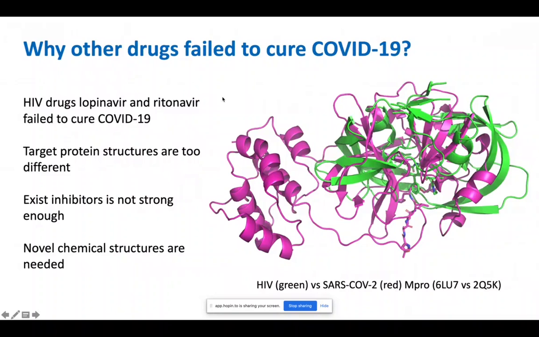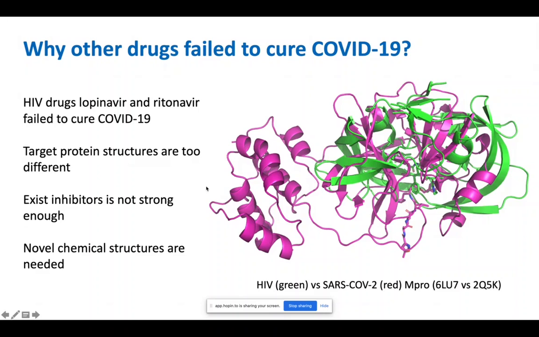So the simple thing is that we could repurpose some existing drugs for targeting this protein. People have tried these HIV drugs, even though these drugs have been very successful against HIV viruses, but it's actually shown not effective to target SARS-CoV-2 viruses, because the structure of M protease in HIV and M protease in SARS-CoV-2, they are dramatically different as shown here.